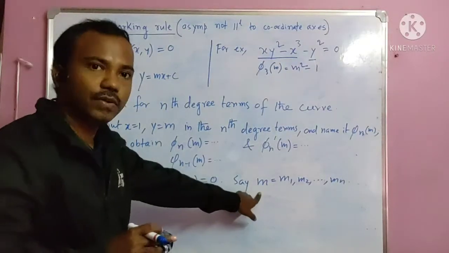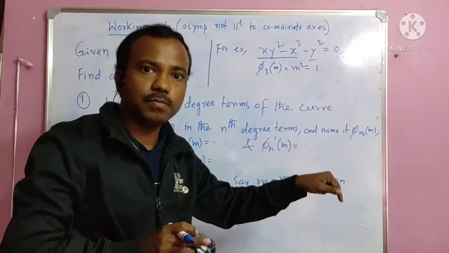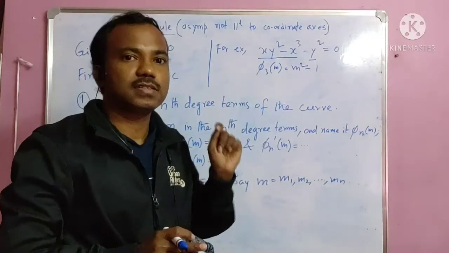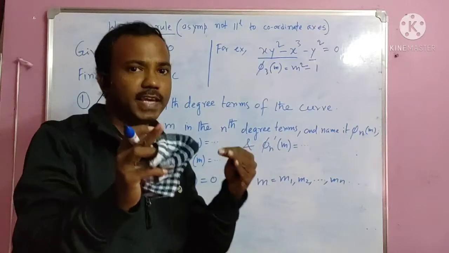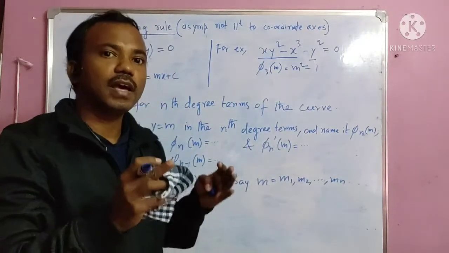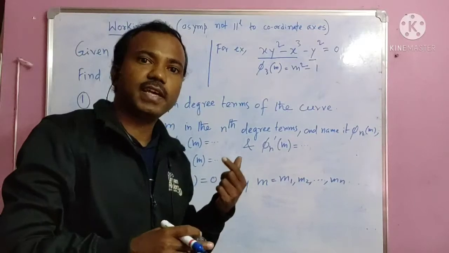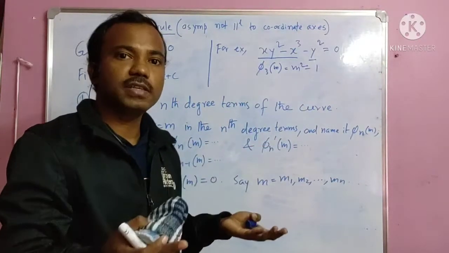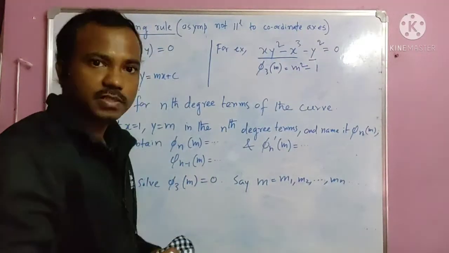We have already figured out the m's, and for each m we will now figure out c. So if you have n many m's, then you will have n many c. If we get n many m and n many c, then using them we will have n many asymptotes. That's what we wanted.